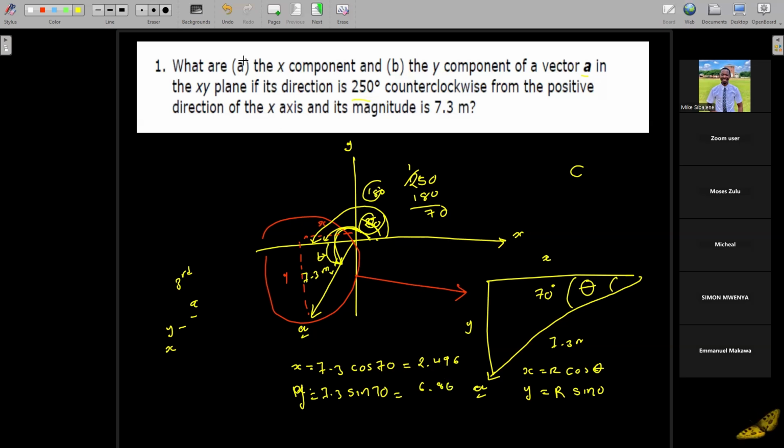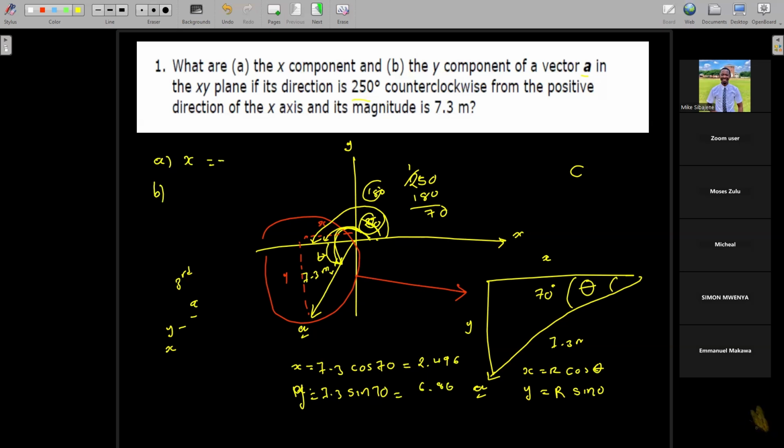Now when you are answering your question, question A wants us to find the x component. Question B wants us to find the y component. The angle is positive 70, isn't it? But it's in the third quadrant, and the third quadrant is given by a negative sign.